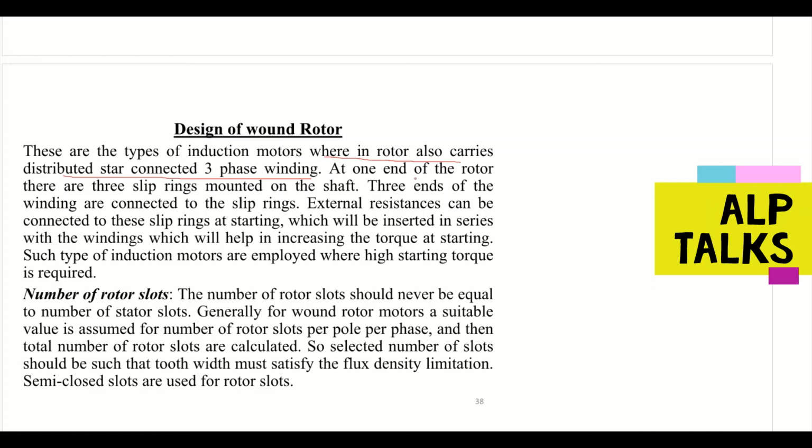At one end of the rotor there are three slip rings mounted on the shaft. The three ends of the windings are connected to the slip rings. External resistance can be connected to these slip rings at starting, inserted in series with the windings, which will help in increasing the torque at starting. Such induction motors are employed where very high starting torque is required.